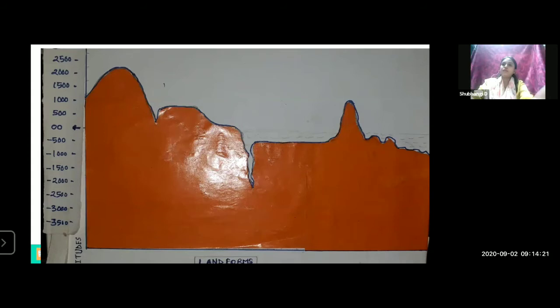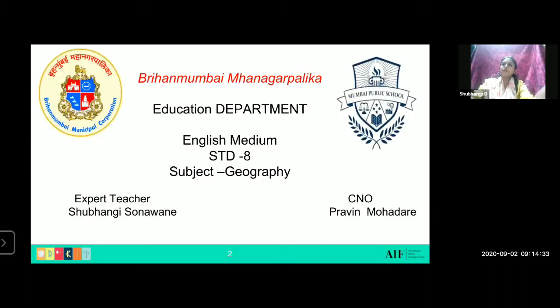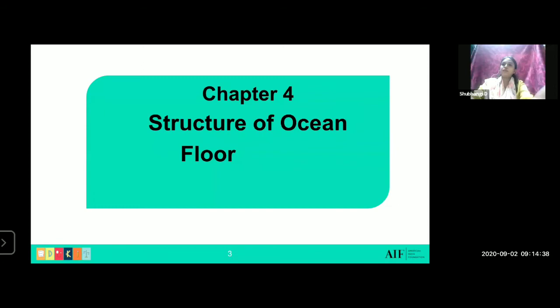So students, we saw the structure of landforms. Now, do you think the same structure can be beneath the ocean? Let's find out. Our today's lesson is chapter number 4, Structure of Ocean Floor.